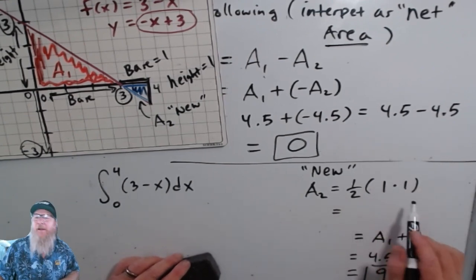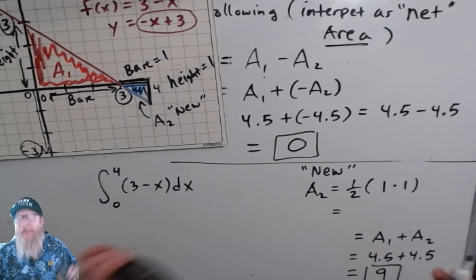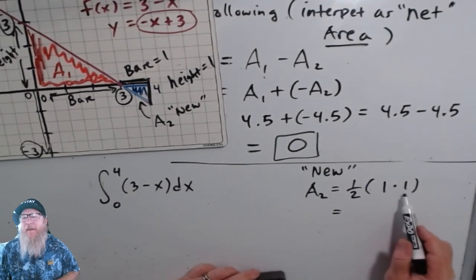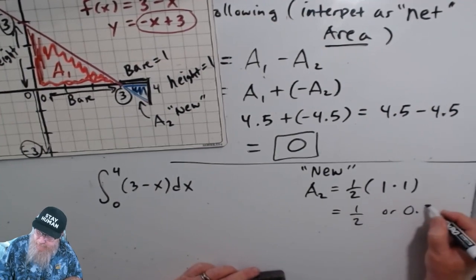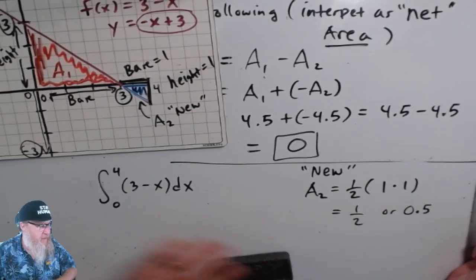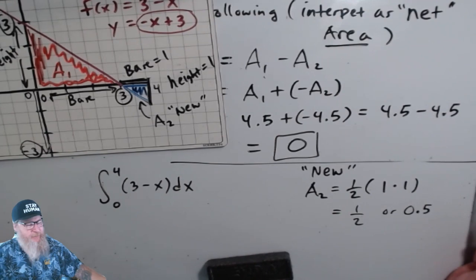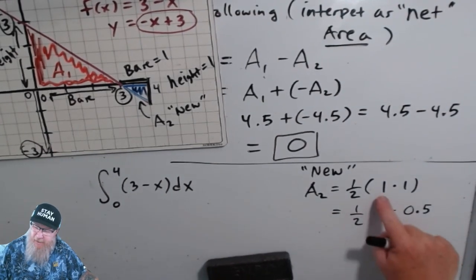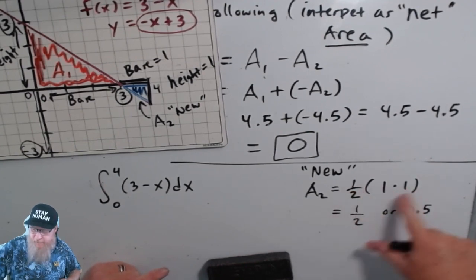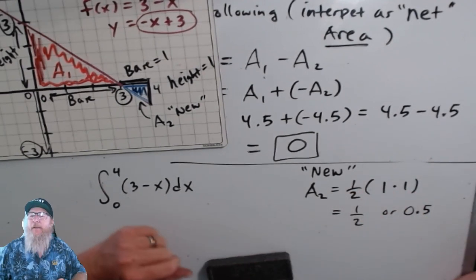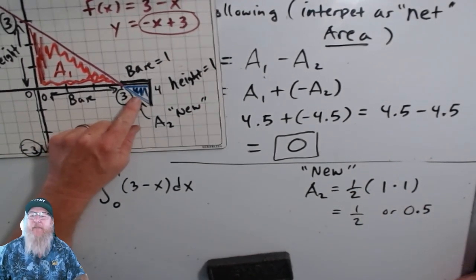Be careful. I have seen even calculus students go 1 times 1 and then make it 2. It's still just 1. I know. You would never do that, especially if you use this. But I don't know. Your brain gets tired. You go 1, 1, 2, 2, and whatever. So this is all just 1s divided by 2, so it's a half. So the area of that little triangle is a half.